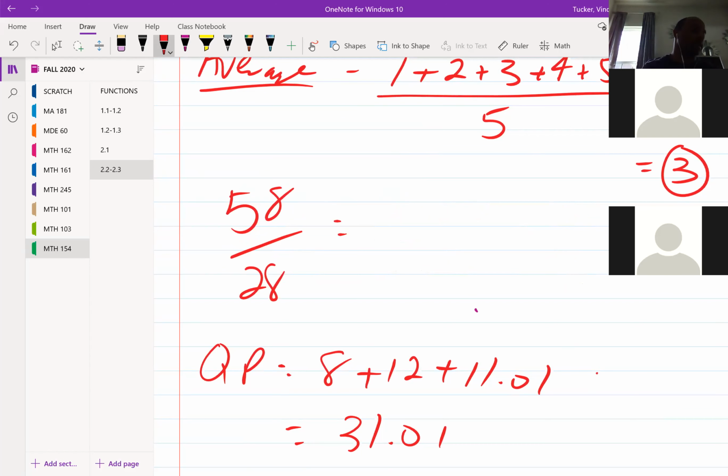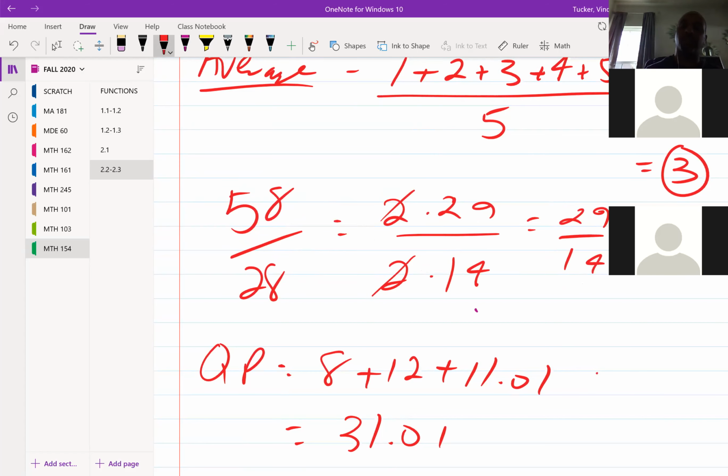And we want to reduce it down as much as possible. That's 2 times 29, 2 times 14. 2's cancel, leaving me with 29 over 14. And that should be my answer.